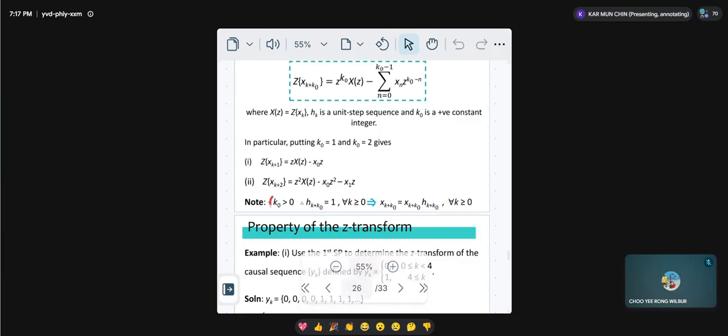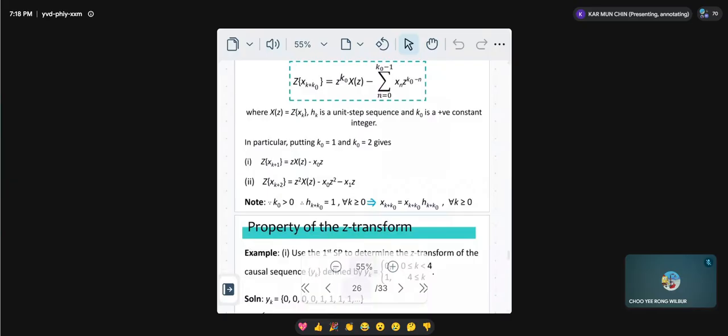Okay, so the k0 will be more than 0. It will be a positive term for k. So hence h(k plus k0) will be equal to 1. So you remember this part.